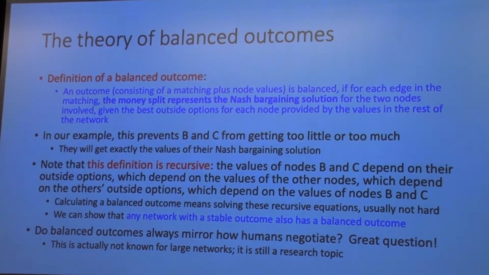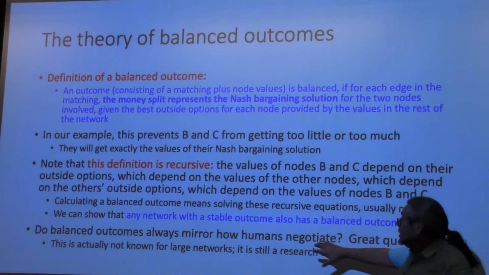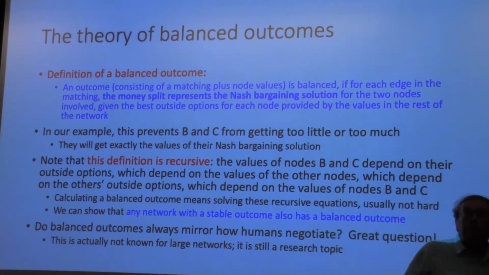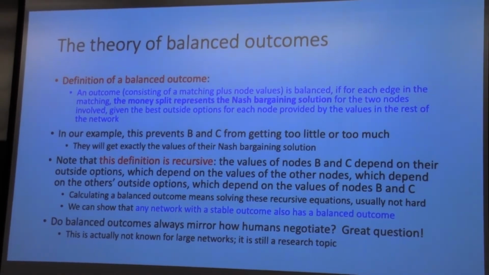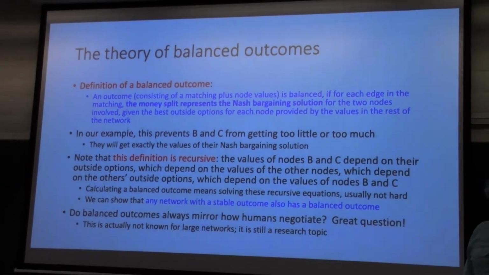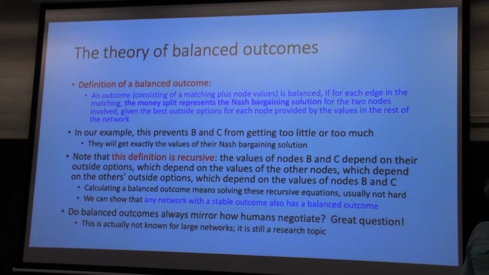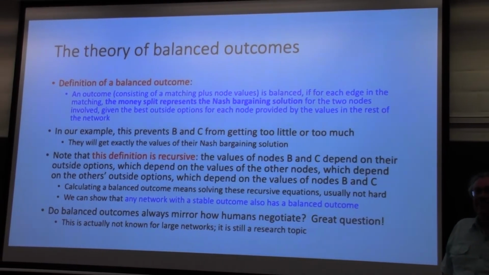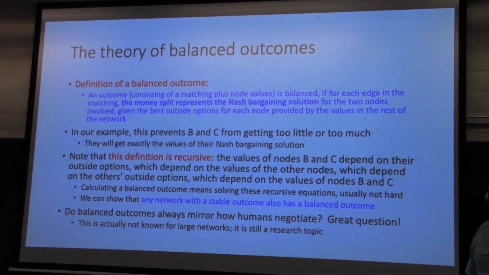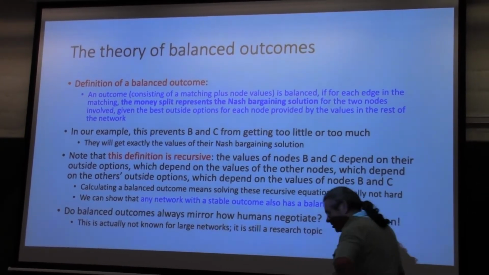Does anyone know? Is it true that every network has a stable outcome? Yes or no? No one guess? There's actually a slide with the answer on it. Oh, okay. Well, the answer is no, of course.